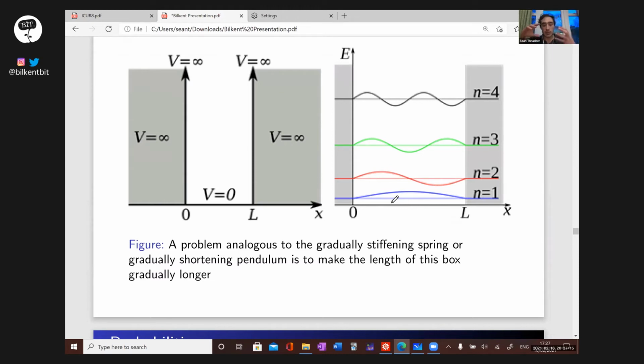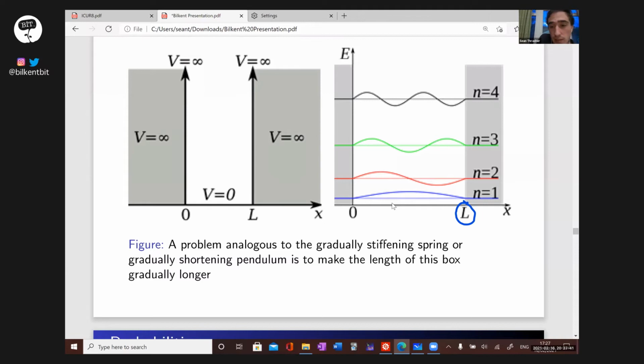So what's the analogous problem that we've talked about in classical physics, in quantum physics? Here, the length of the box is a very important variable, a very important parameter in my problem. Now, this system has a Hamiltonian associated with it, and I'll talk about what a Hamiltonian is in quantum mechanics in a bit.